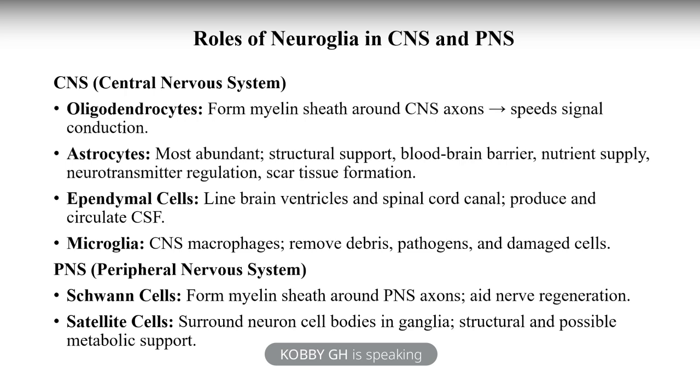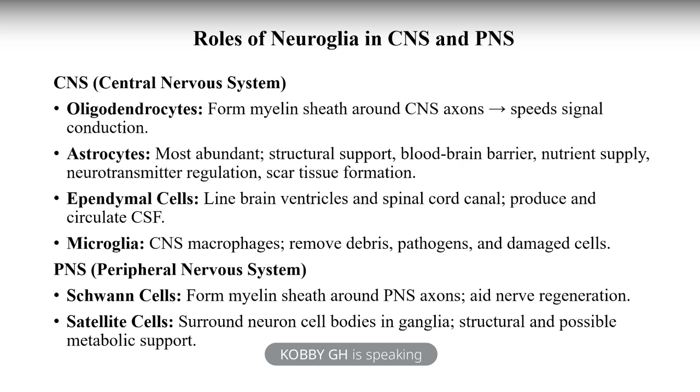Now, Schwann cells, if you come to the peripheral nervous system and a particular neuron has a myelin sheath, the Schwann cells also form myelin sheaths around the axons of neurons in the peripheral nervous system.